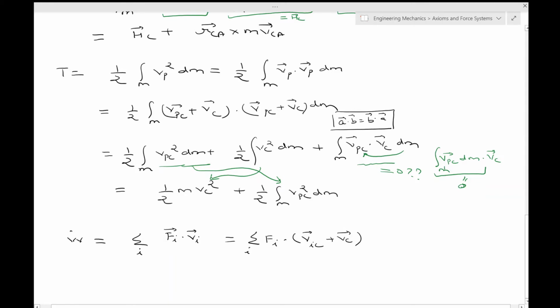Okay, now this quantity we can take the dot product separately. Sum of fi dot vc plus sum of fi dot vic.